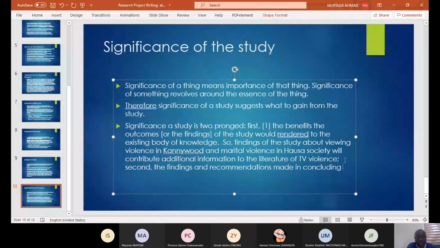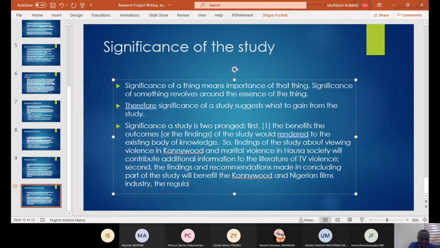That's why I said this one comes from chapter 5, the concluding part of the study, will benefit the Kannywood and Nigerian film industry, and the regulatory body, the board of video censors.